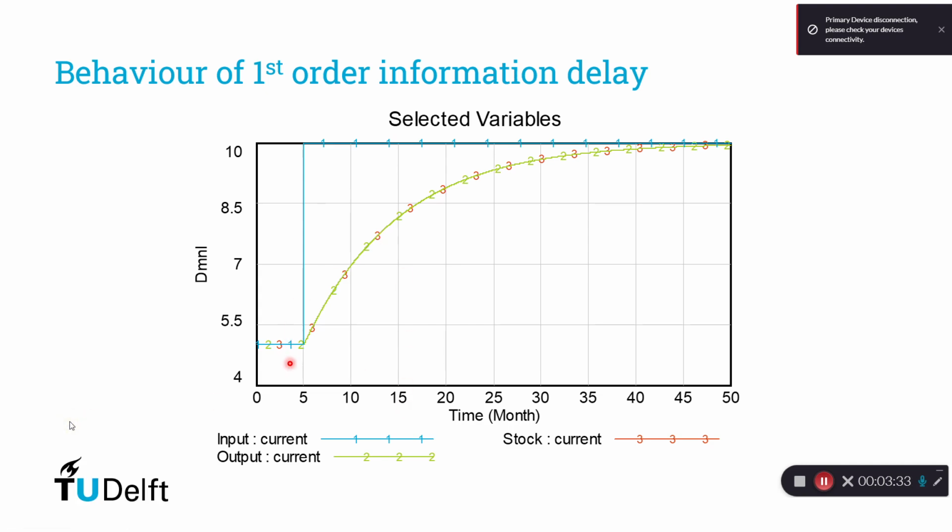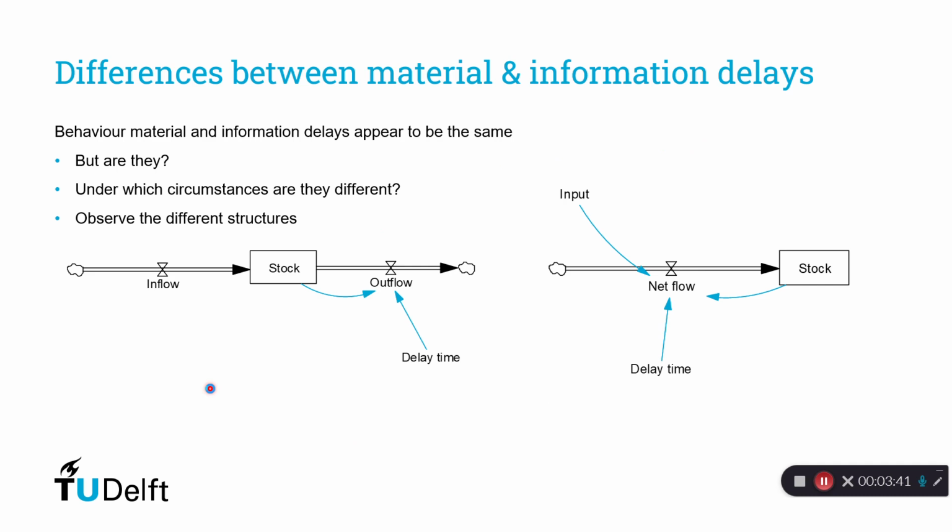Again, we see that the function and the structure, so the hard-coded structure and the function, have exactly the same behavior when they're fed with a step function. Now, it seems that they are the same. But it's interesting to know under which circumstances they're different. And there it's very useful to observe the different structures.